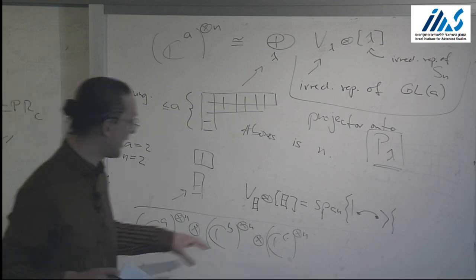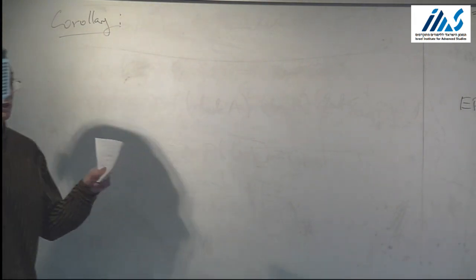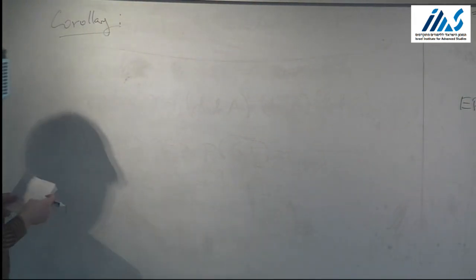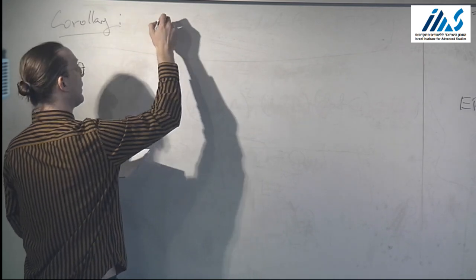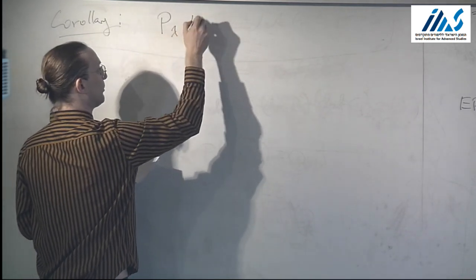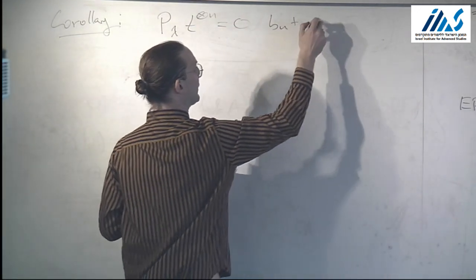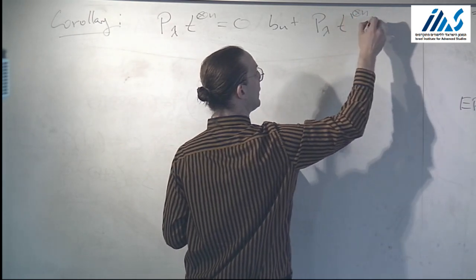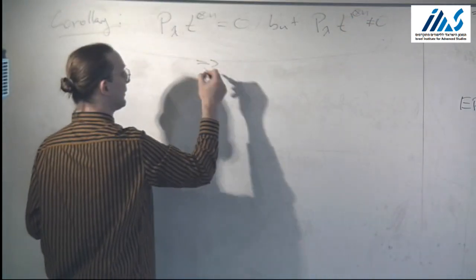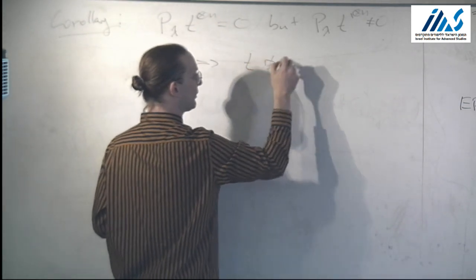So the polynomials come in groups. And if I group the polynomials together, you can do the following corollary. If the projector applied on T tensor n is 0, but the projector lambda applied on T prime tensor n is not 0, then T does not restrict to T prime.